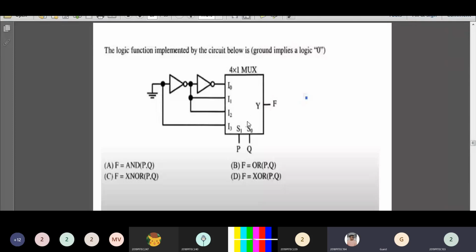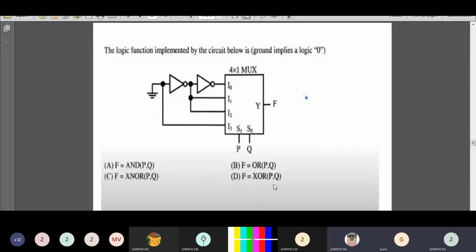That 1 0 represents PQ dash, which should be multiplied with I2. I2 value is 1, so directly you can write PQ dash. So your expression will be PQ dash plus P dash Q. That represents the XOR function. This is the logical expression for our XOR function.